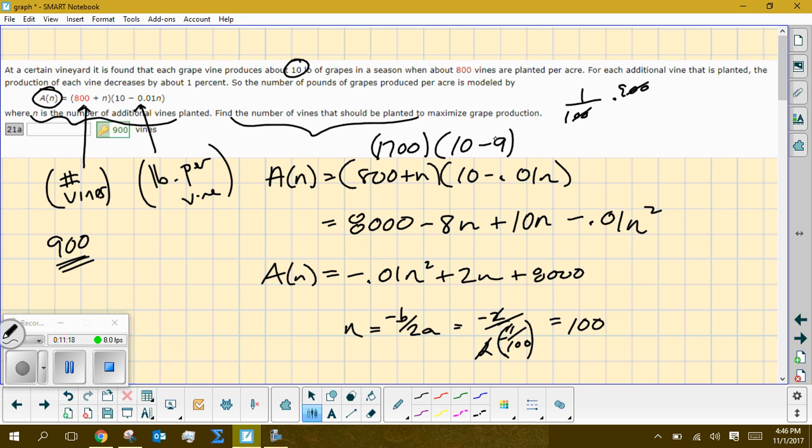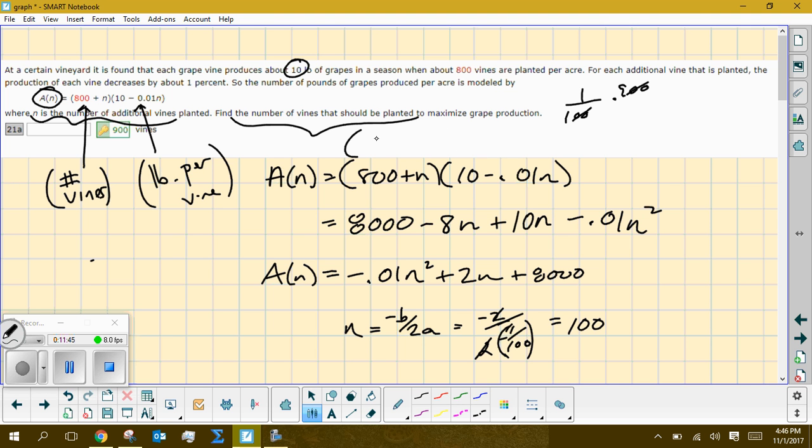So multiplying that out, that should give me then the, oh, I messed up again. Just thinking, this doesn't make a whole lot of sense. N was 100. N was not 900. If I plug in 100, see, that makes sense. My poundage here would be, my vine would be making 1 pound of grapes. That doesn't make a whole lot of sense.